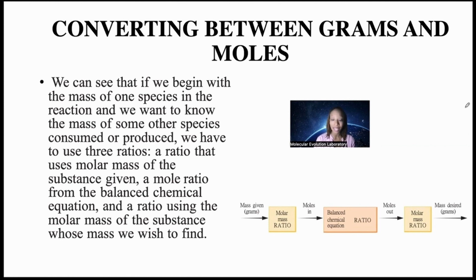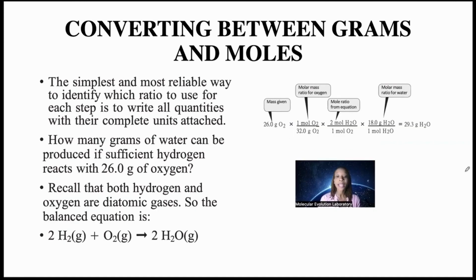Then you balance the equation and use the ratio with the molar mass of the substance whose mass you wish to find. So you get the molar mass of the element, balance the equation, and then you get the molar mass of whatever you're trying to find. The simplest and most reliable way to identify which ratio to use for each step is to write all quantities with their complete units attached.